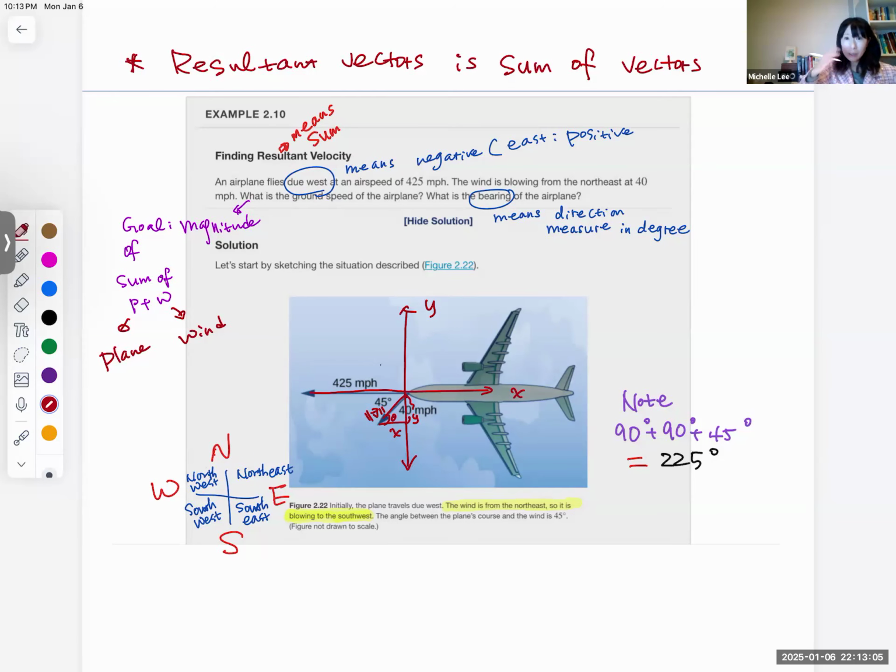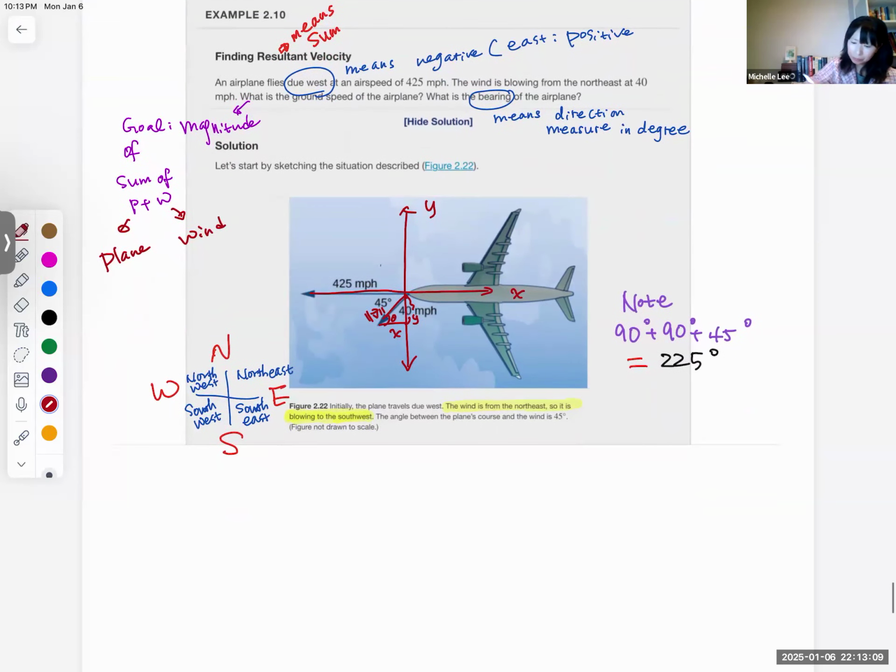Okay, so let's do it. The plane's velocity vector. Let's use the first letter P with a vector notation.